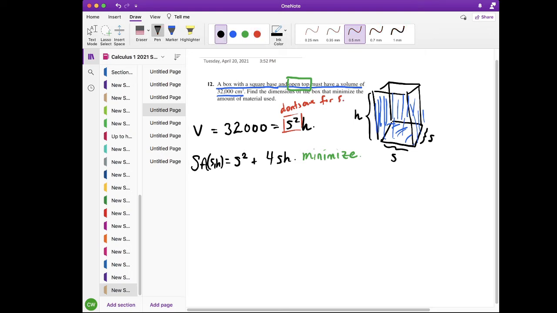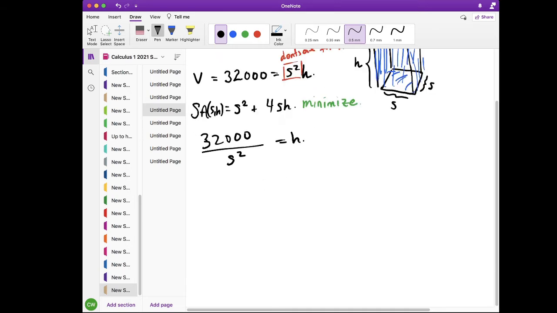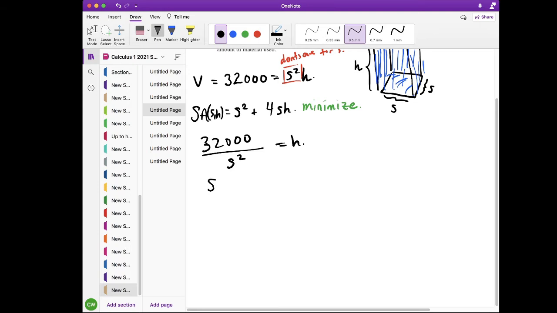So 32,000 divided by S squared is equal to H. So SA of S is equal to S squared plus 4S times 32,000 over S squared. 4 times 32 is 128.